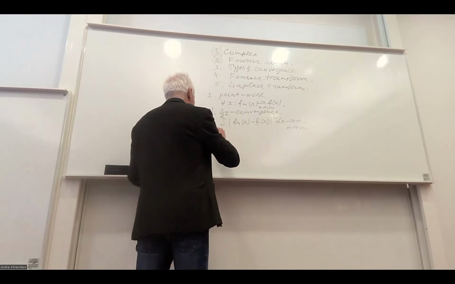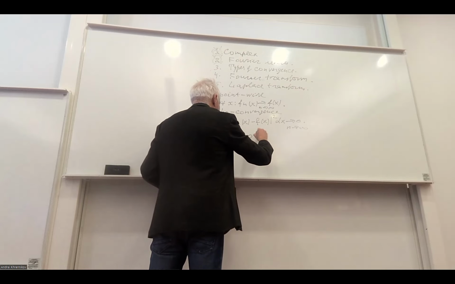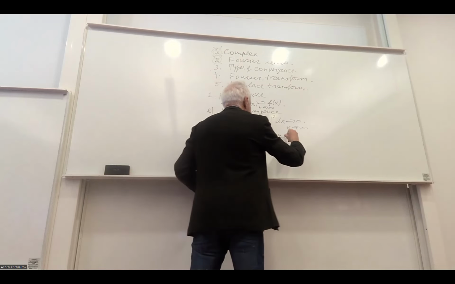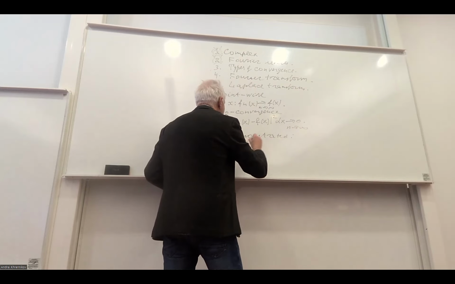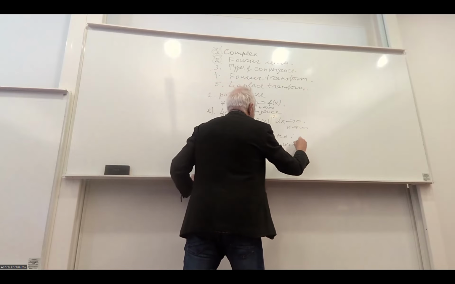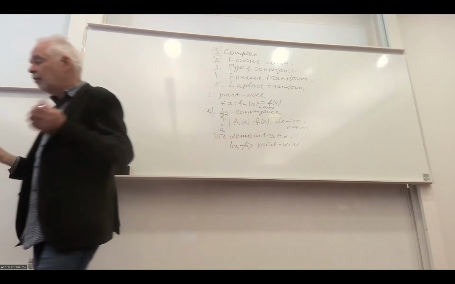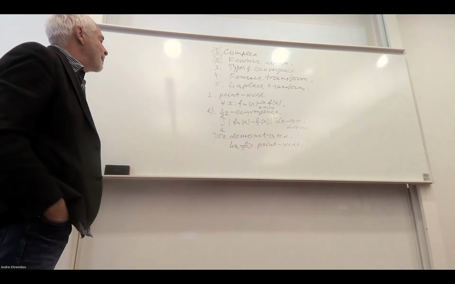By example, we demonstrated that L2 does not imply point-wise. In our example, the sequence of functions does not converge to f at any point, but the difference between them in the integral goes to 0.